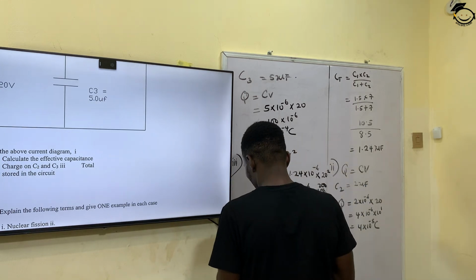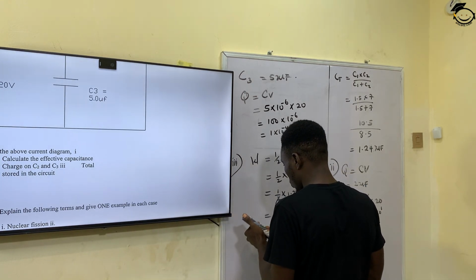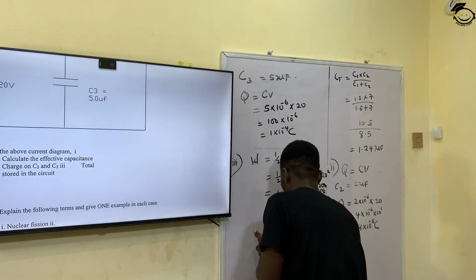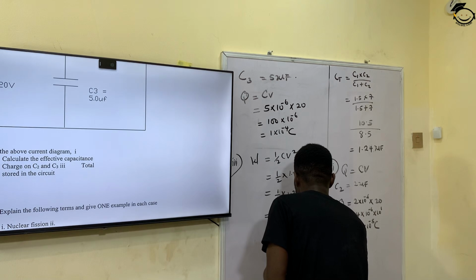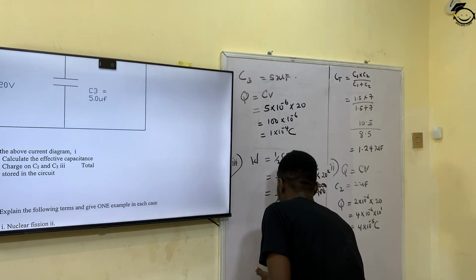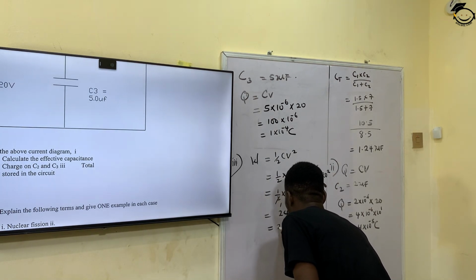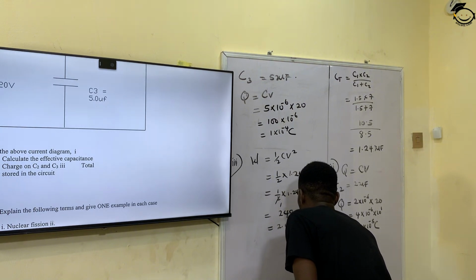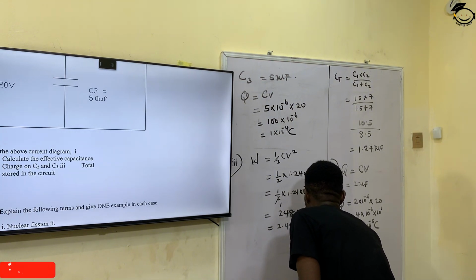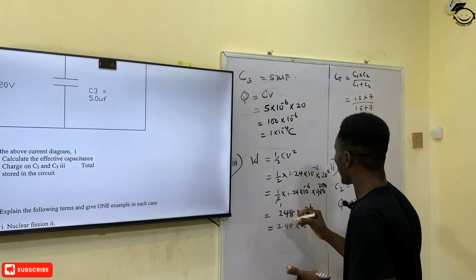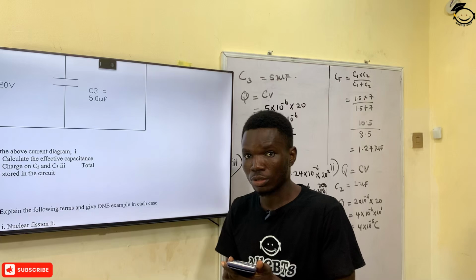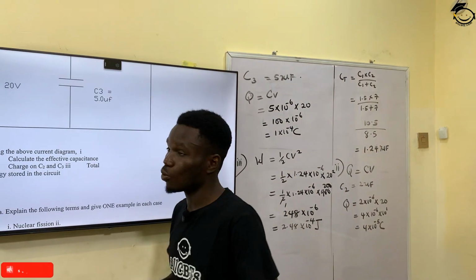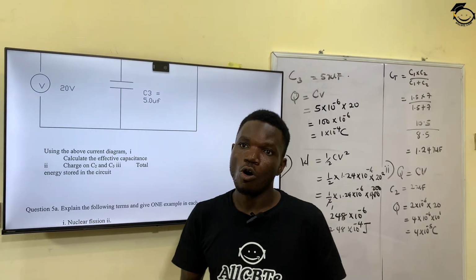So 1.24 times 200 gives me 248 times 10 raised to power minus 6. Putting this in accurate standard form, I have 2.48 times 10 raised to power minus 4. Because I'm talking about work done, this will be in joules. So that is the correct answer to question number 4C.